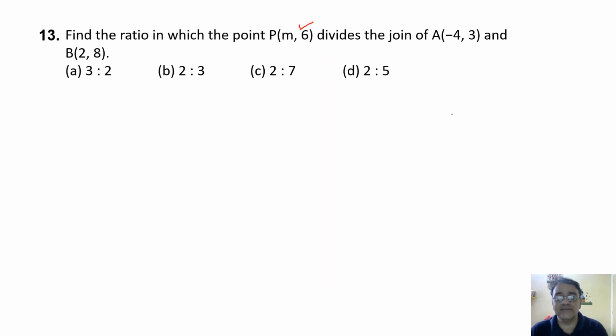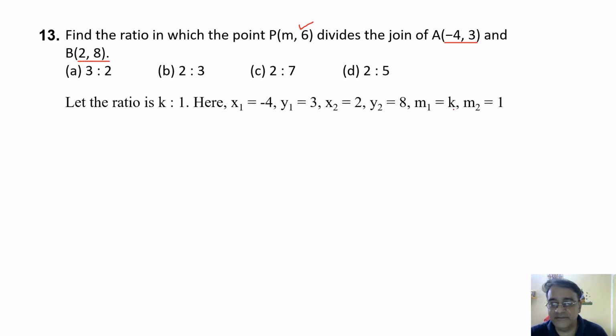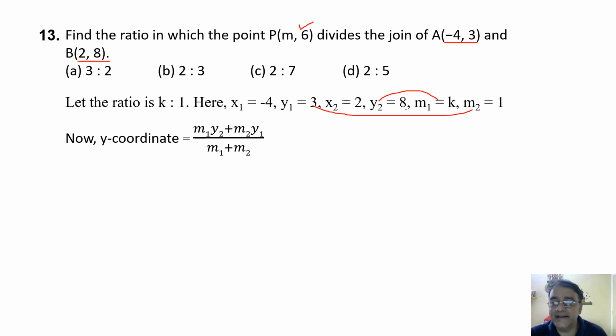So we are going to take the y coordinate. So let the ratio be k to 1, (x1, y1) is (minus 4, 3), (x2, y2) is (2, 8), and m1 is k, m2 is 1. Taking the y coordinate: (m1 y2 plus m2 y1) upon (m1 plus m2). So k into 8 plus 1 into 3 upon k plus 1. So (8k plus 3) upon (k plus 1) is equal to 6.